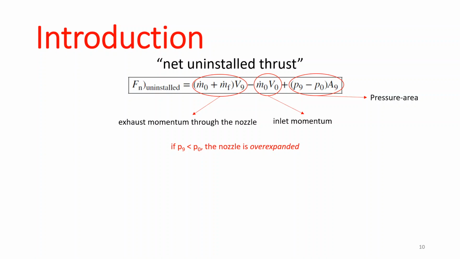So what will happen to your thrust? Or can this happen? What is the condition that this can happen? There's a supersonic. Yeah.